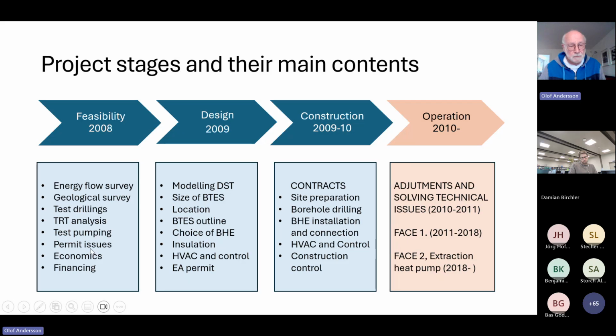Even if it's a BTES project, we still need to know how much groundwater was flowing through the site. We took care of some permit issues, and of course, we made the first economic calculations, and we looked for financing also.